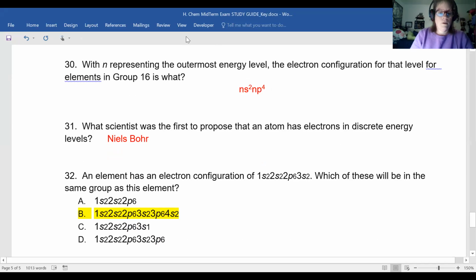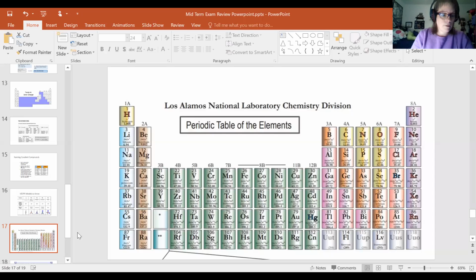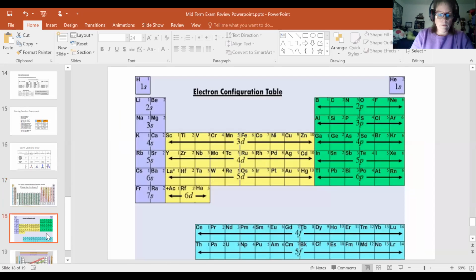So you guys remember, don't forget your electron configuration periodic table. Okay, you remember the 1s, 1 and 2, 2s, 1 and 2, 2p goes all the way to 6, 3s, 1 and 2, 3p, and so on and so forth.